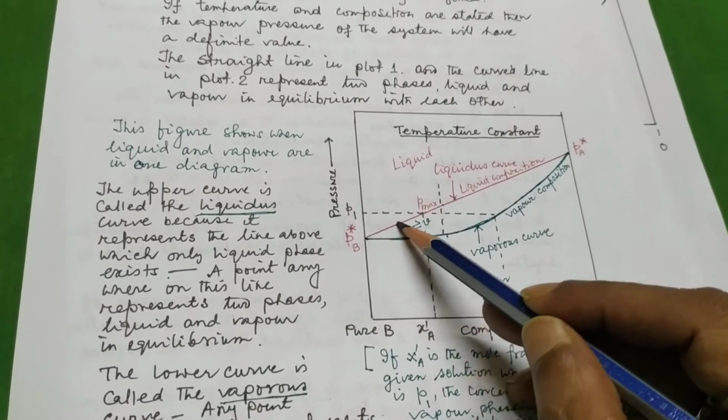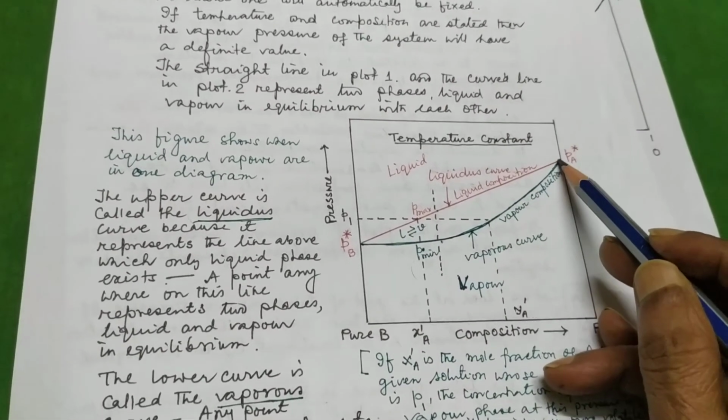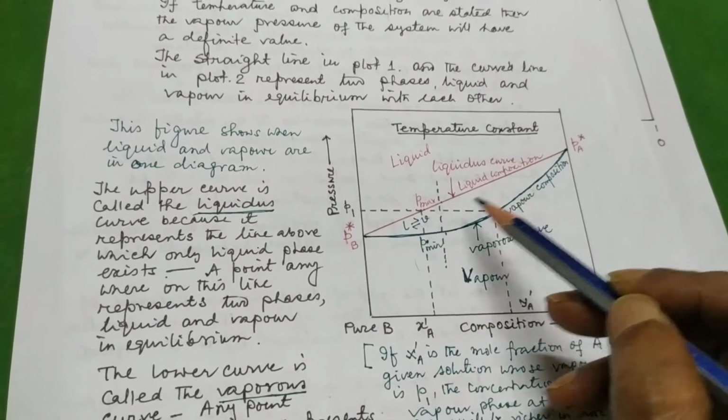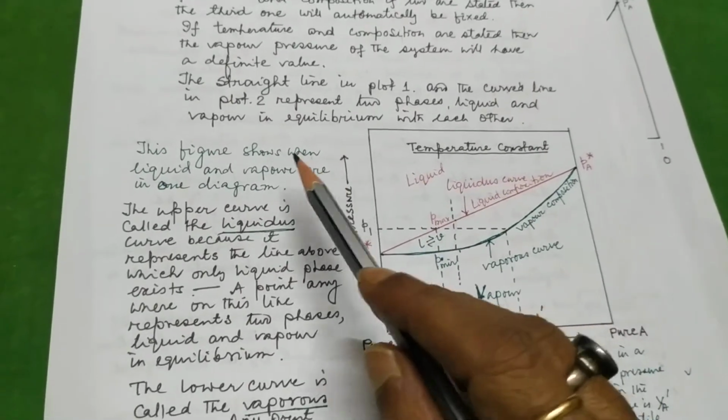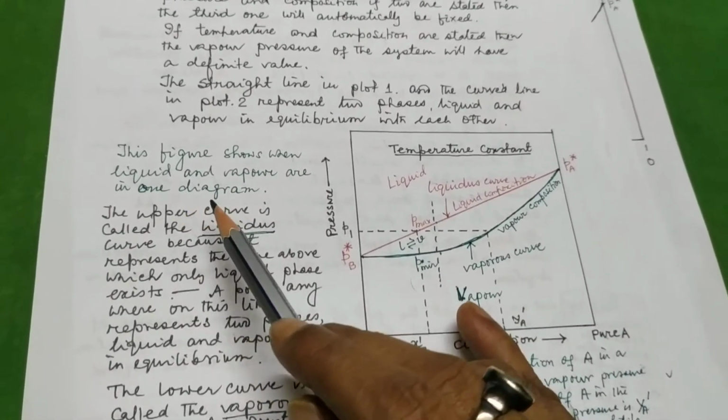This is the straight line, the red one, and this is the green one. This figure shows liquid and vapor in one diagram.